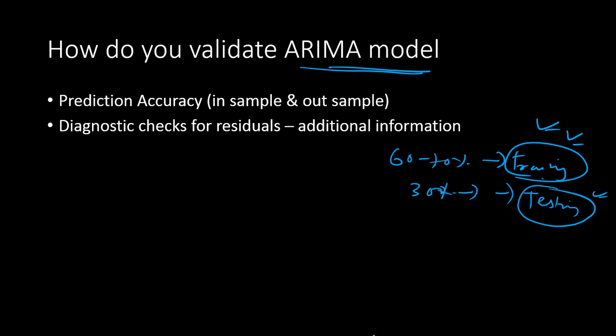One thing people do, and I'm not sure to what extent that is theoretically correct, is that they take the full sample as the training data, and then they take smaller samples of it as the testing data from the training data, and then fit the model and check for the accuracy.